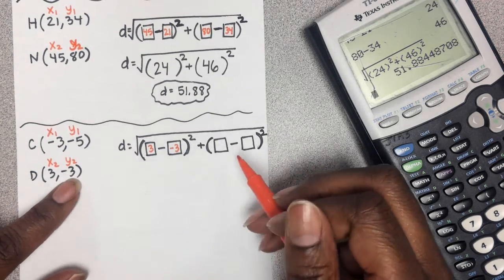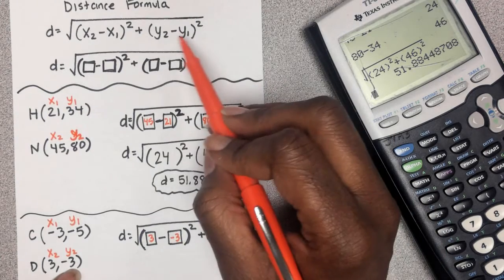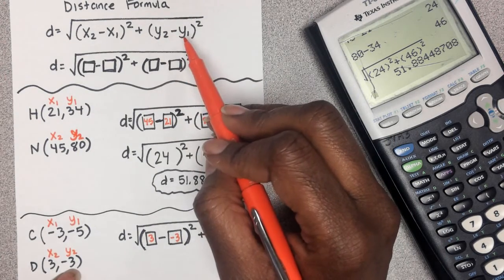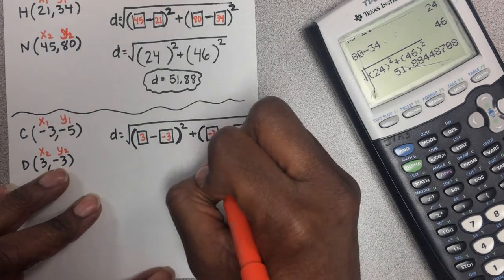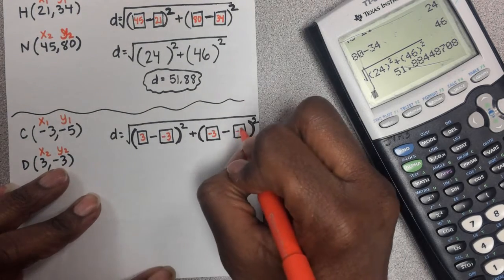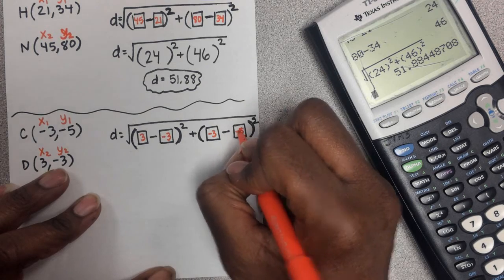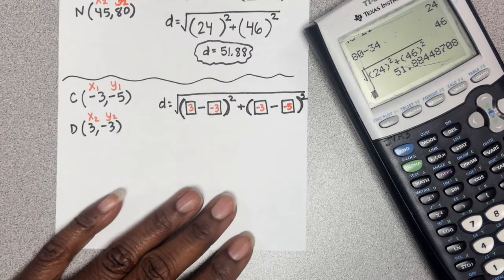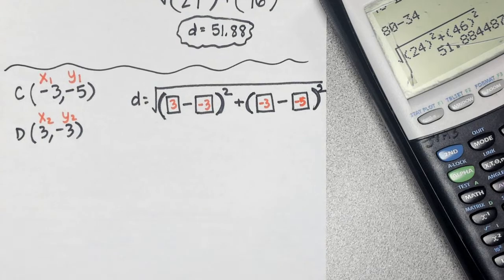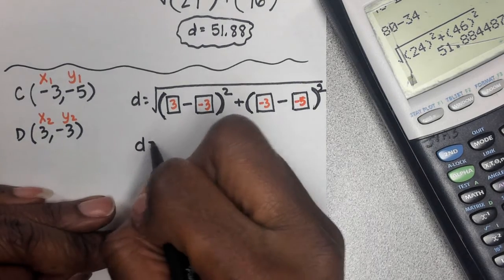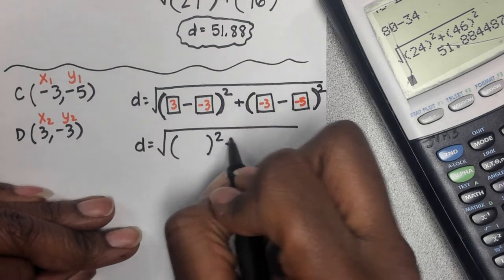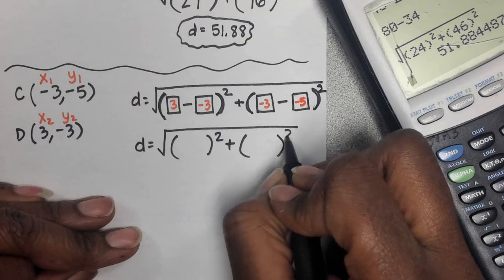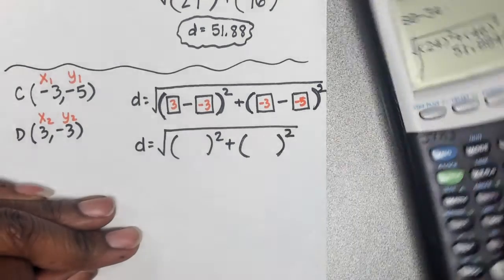Now my y2s, if I look up here, the y's get plugged in, but it's y2 then y1. y2 is -3, and then the y1 is -5. So now, like I said, it's best if you do a little bit of simplifying before you just plug everything in there. Hopefully that will make room for less error.